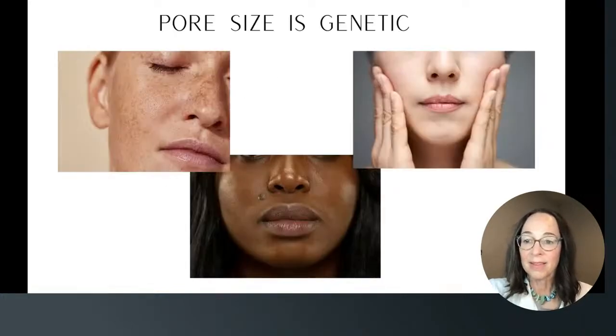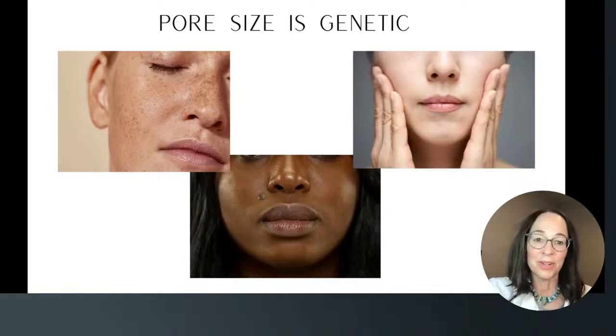And next, I also want to speak to this because our sebaceous gland and our oils, how much oil is on our skin and all of that is directly tied to genetics. It's something that each of us has zero control over.